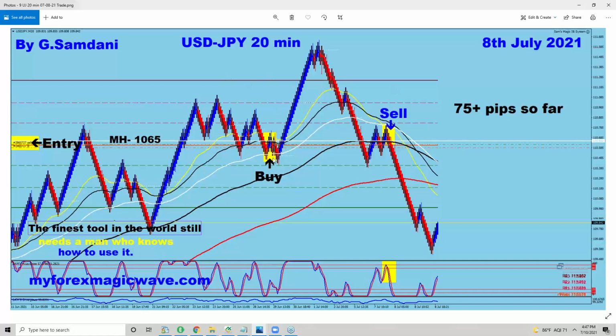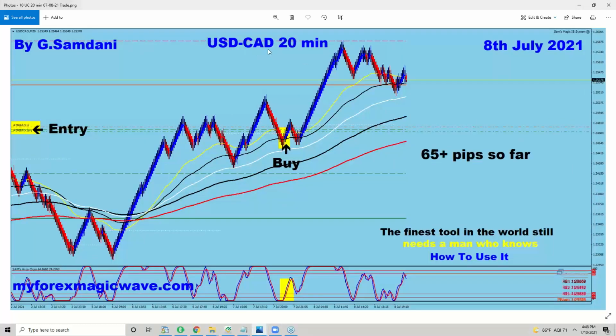Now here, previously I had this one going up, and now since yen started getting strong, USDJPY came down and gave me a short setup here for 75 pip on the 8th. And on the 8th, USDCAD, you can see USD getting strong, and also the CAD getting weaker.